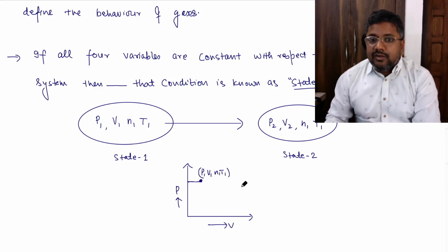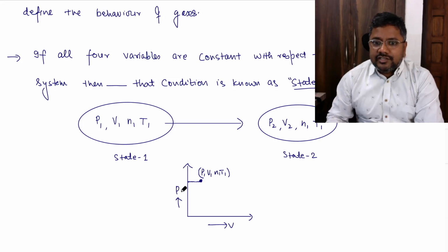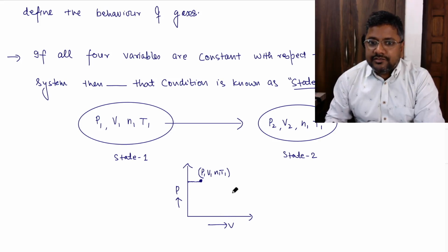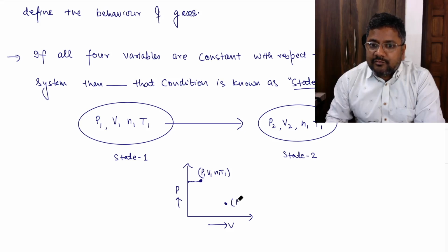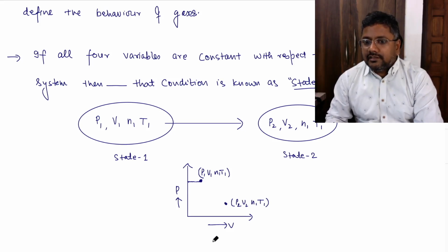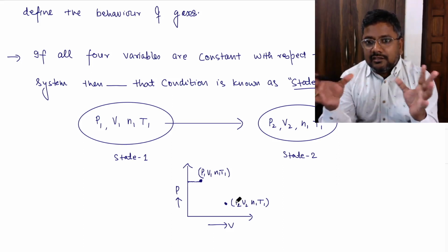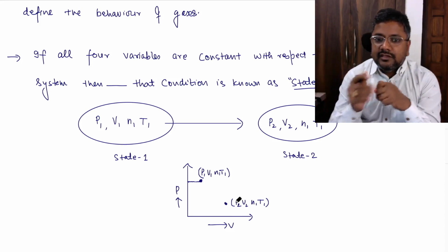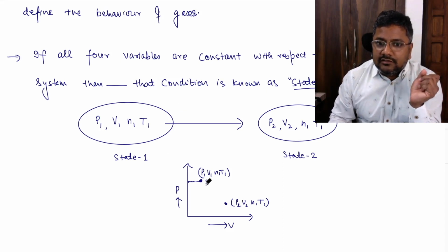But since N and T are constant, we can show the variation between P and V, right? If we take another point here, suppose P2, V2 and N1, T1. It is impossible that you have two variables in a system and the other two variables are absent. So this is called state 1 and this is called state 2.